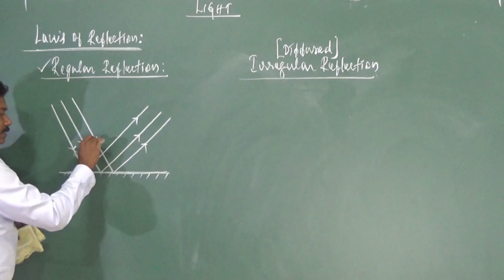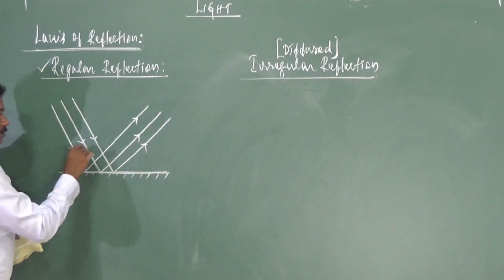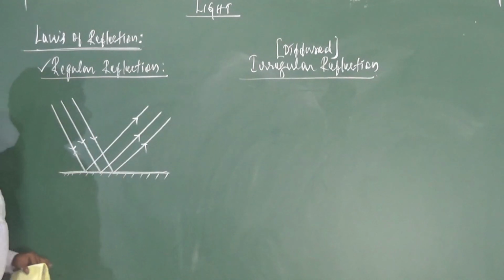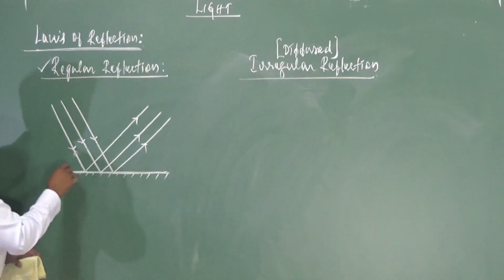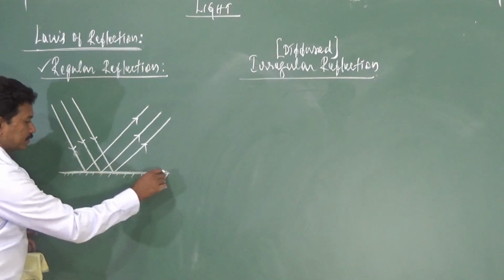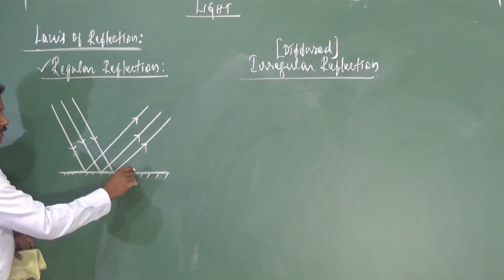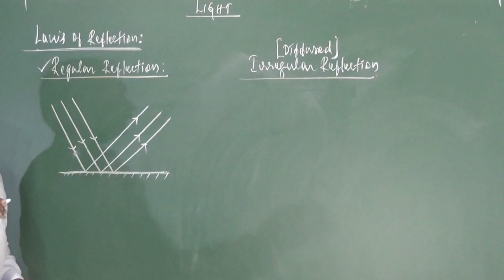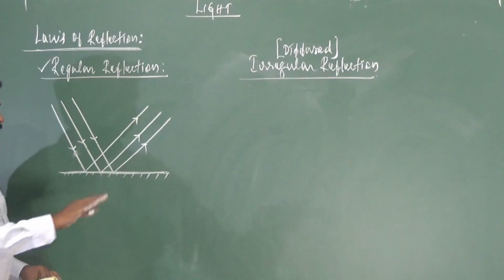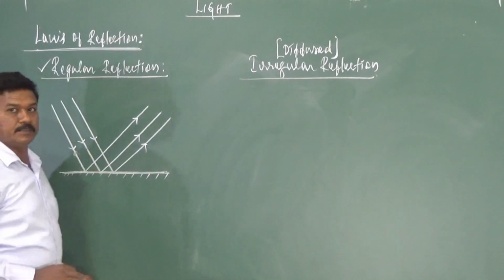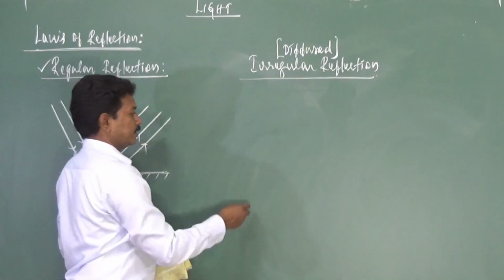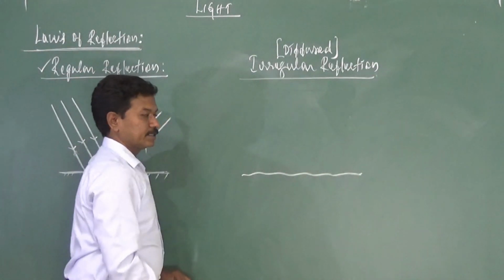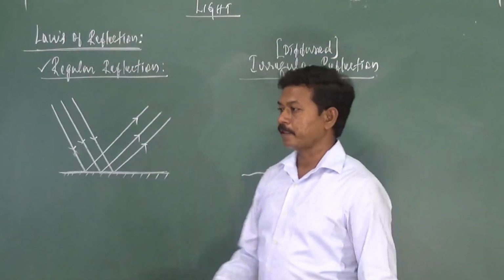So the incident light rays are parallel to each other, and the reflected light rays are also parallel to each other, because the atoms or molecules on the reflecting object are all arranged in the same direction. Therefore, regular reflection happens.